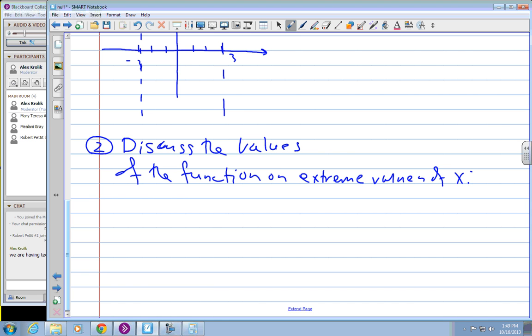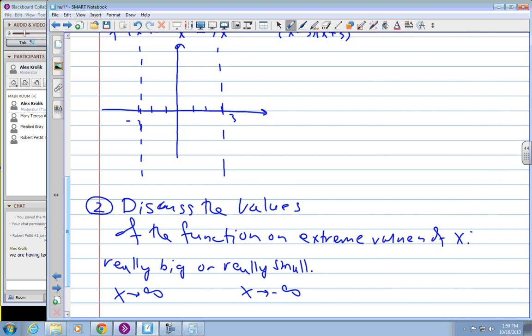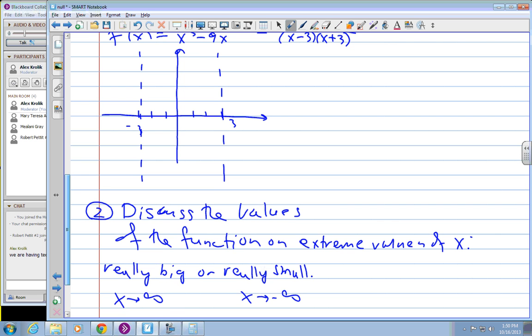Really big or really small. Meaning really big as x gets closer to infinity, or really small when x gets closer to negative infinity. What's happening to the shape of our graph? Because there are a few things that can happen as x gets big, and that will help us to determine what the graph is going to look like.